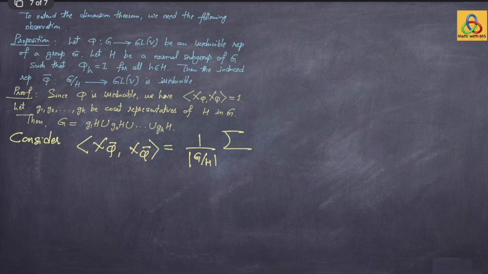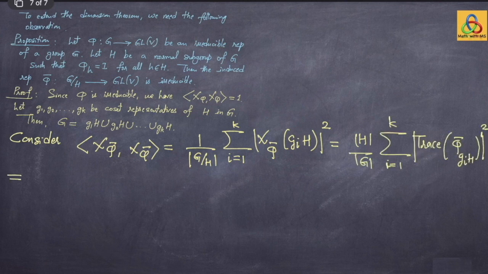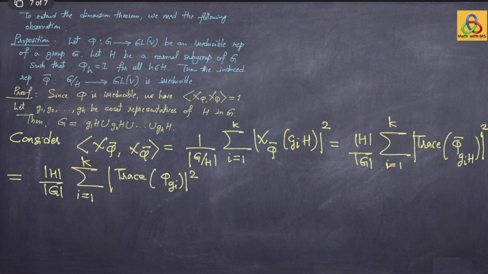So now consider the inner product of the character of phi bar with itself. I want to show that this is 1. So the inner product of chi phi bar by definition is 1 by the order of the group, which is the index of H in G, then summation i from 1 to k, absolute value of chi of phi bar at giH mod square, which is the same as order of H by order of G, summation i from 1 to k, trace of phi bar at giH mod square, which is the same as order of H by order of G, summation i from 1 to k, trace of phi of gi mod square.